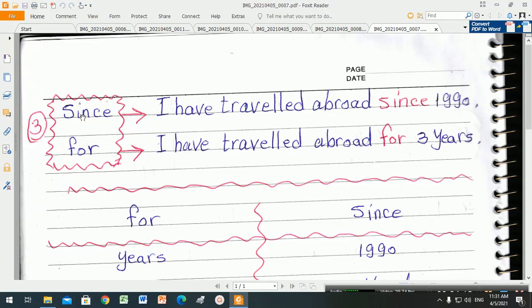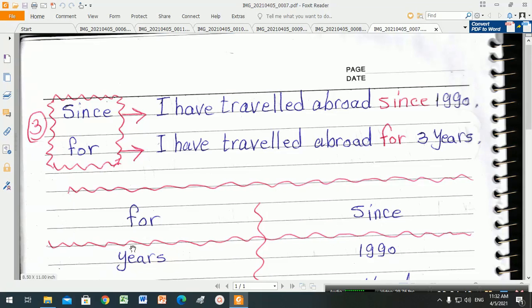And here, since and for. How to use since and how to use for. Okay, I have traveled abroad since 1990. And for, I have traveled abroad for 3 years. We always put since and for at the end of the sentence before the time.